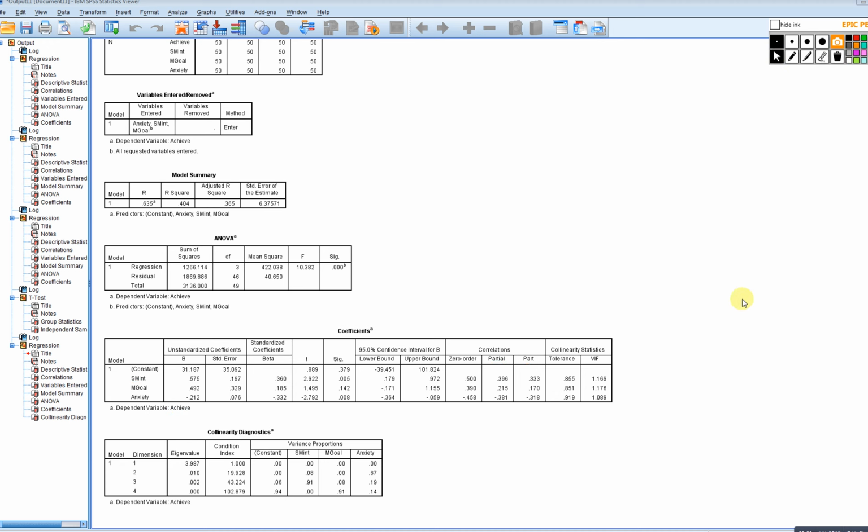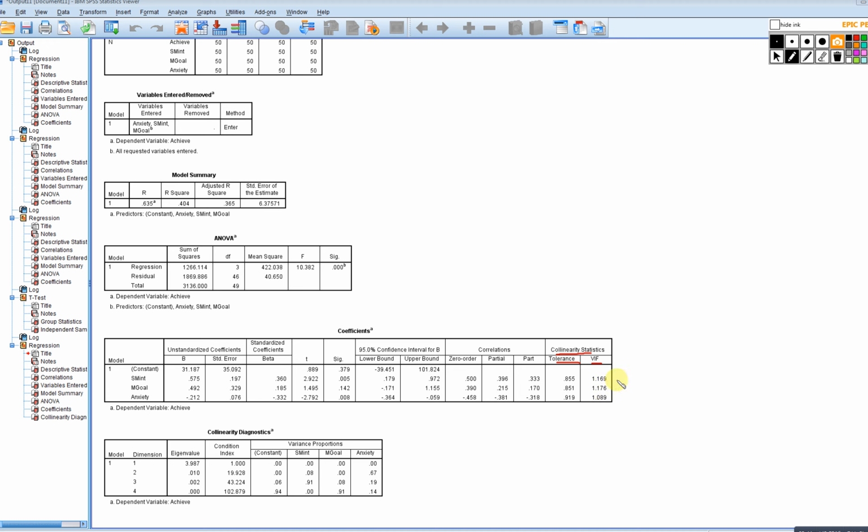So at any rate, the last column that you see right here are collinearity statistics, and this basically addresses whether or not you have redundant or too much overlap among your predictors when you're trying to account for variation in y. And so you have a tolerance statistic and a variance inflation factor statistic.